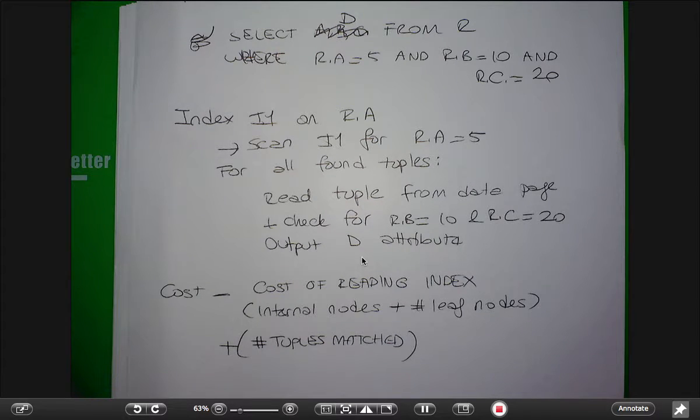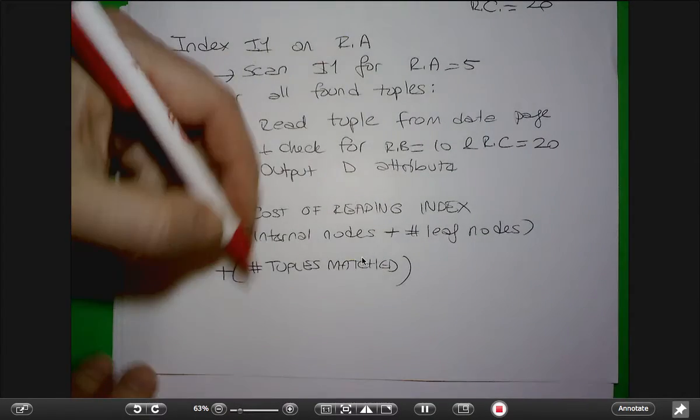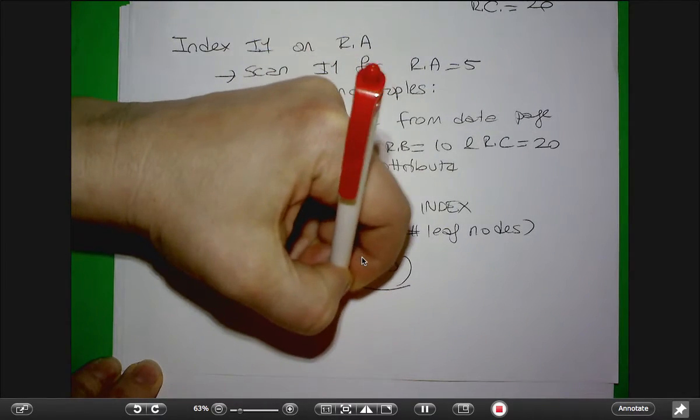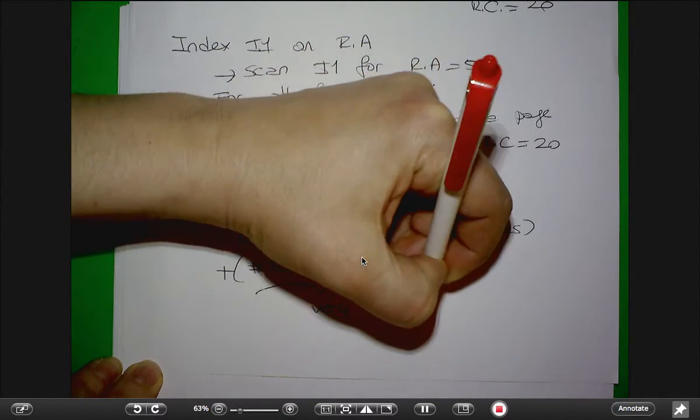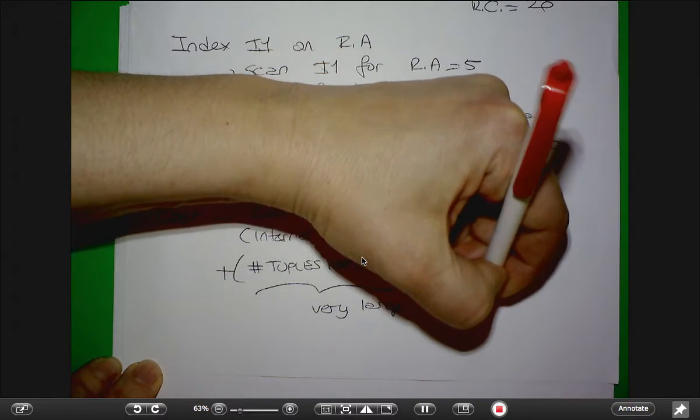You would basically read the tuple, go and read it, read the next tuple, go and read it. So it's possible that you may actually read the same data page multiple times for different tuples. In the unlikely case that you have very few, then this could be very good. The whole thing that I'm trying to say here is that this could be very large, even greater than pages of R.